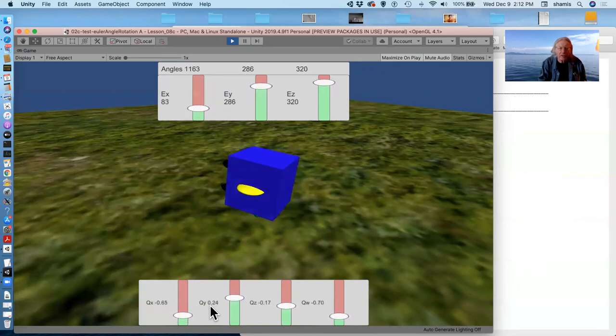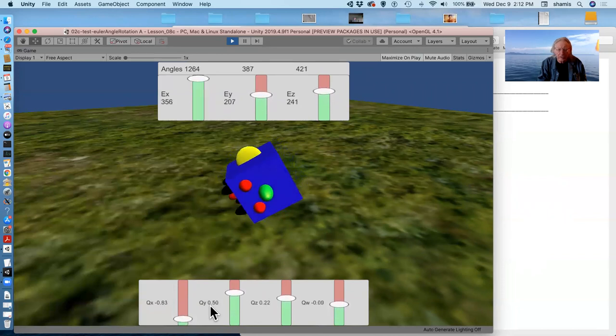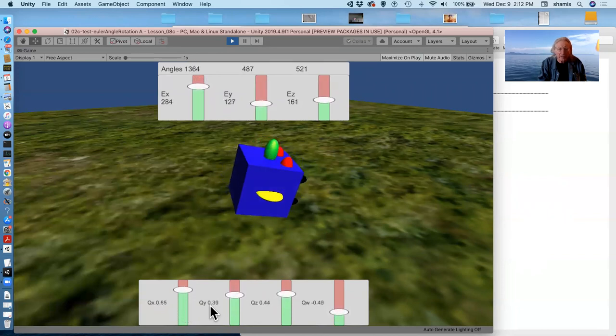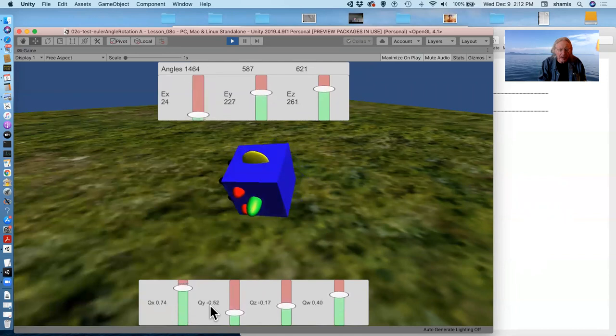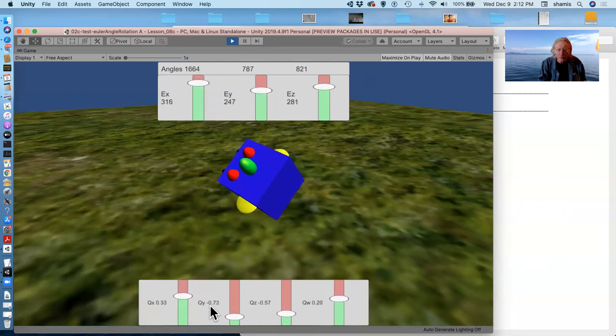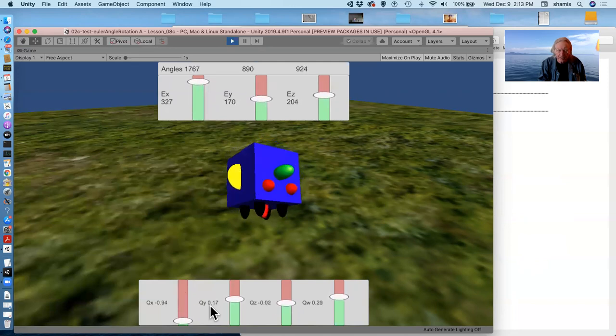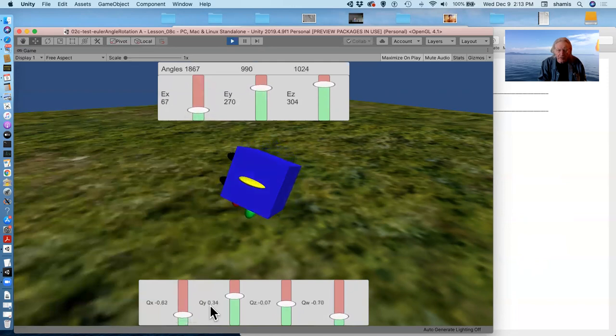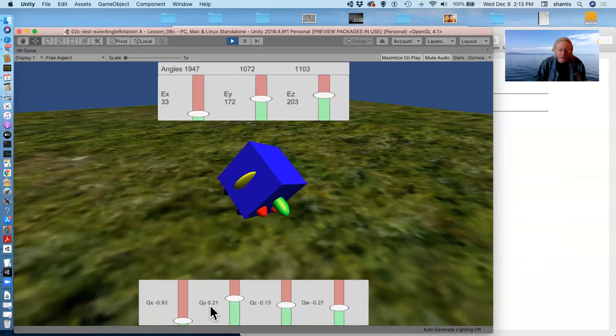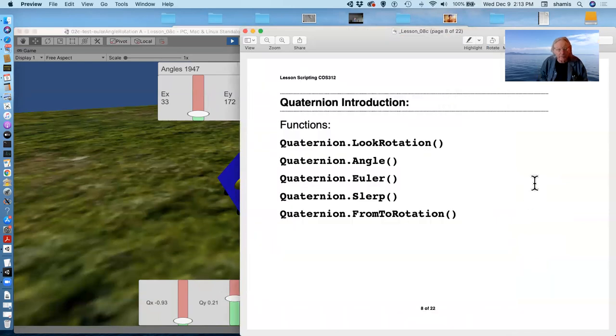And you see the Euler angles jumping all over the place here as things move around. But the quaternion itself, everything is moving smoothly and continuously among different orientations. So the quaternion representation is good for interpolating rotations from one to another.